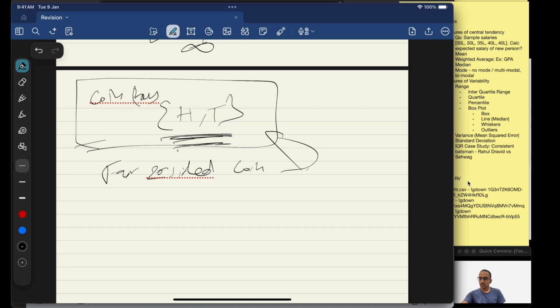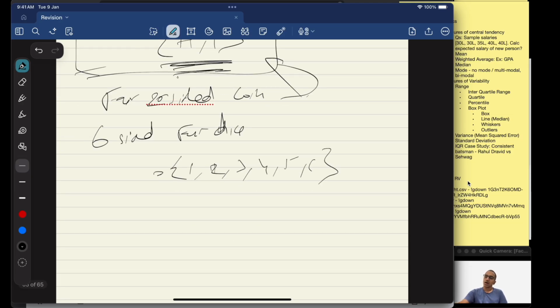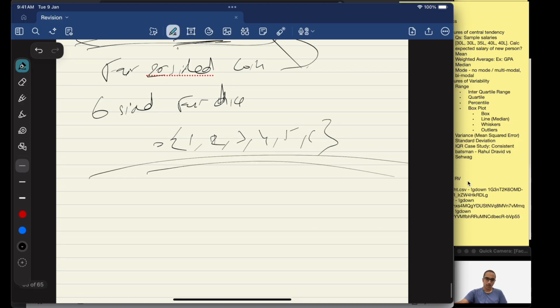The same with the six-sided fair dice roll. The outcomes are basically 1, 2, 3, 4, 5, 6. That's it. So these are some examples of discrete random variables. If we look at continuous RVs, you will see things like heights of people.